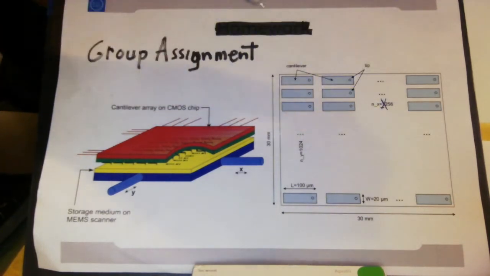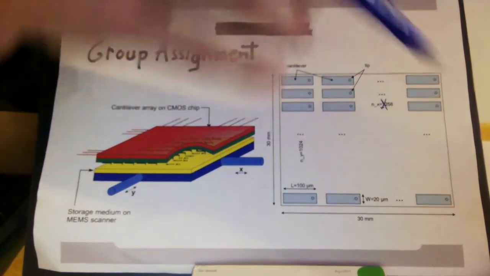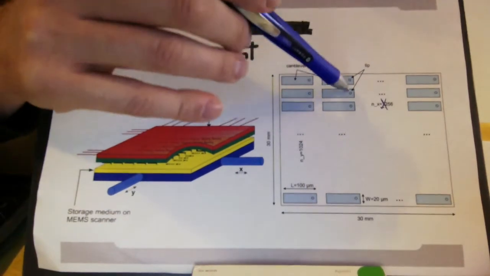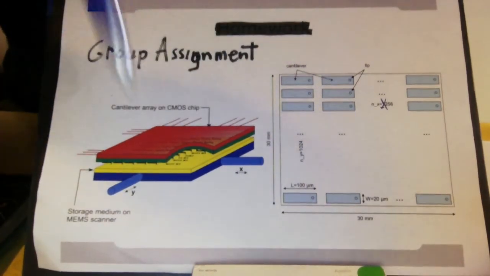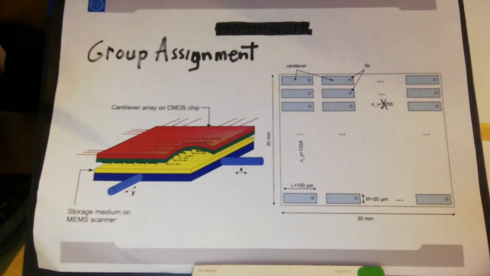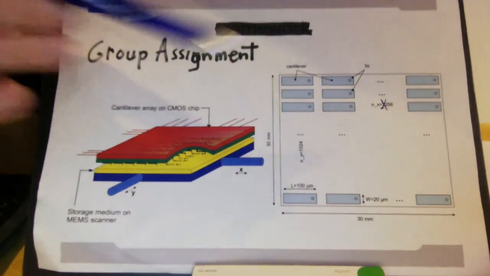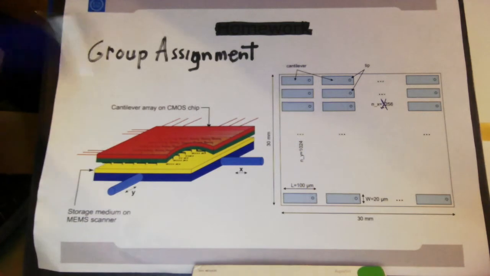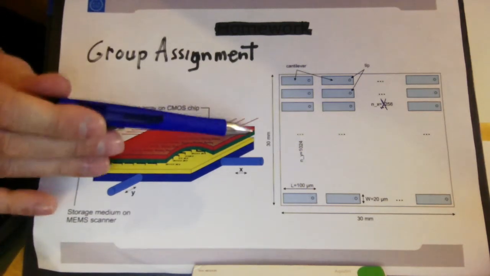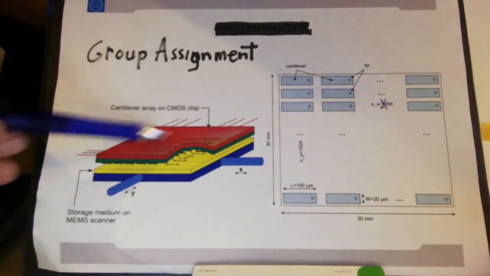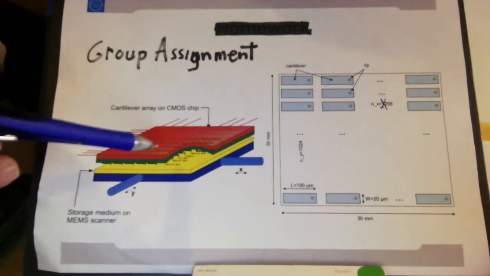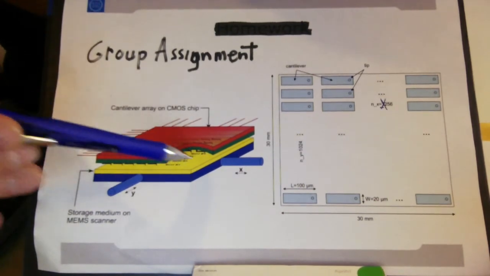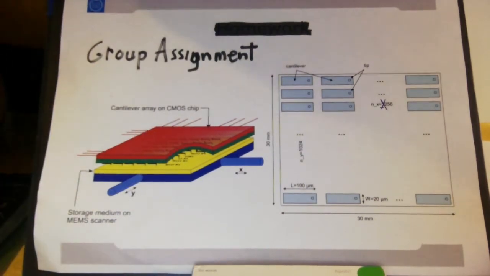So you have about 256,000 of these cantilevers, each with a little dot, and they can write 1s and 0s. And they do that in the polymer film. The polymer film is here in yellow, and that polymer film can move underneath this green-red cantilever array. And it can move to different positions, so you can write 1s and 0s in different positions.